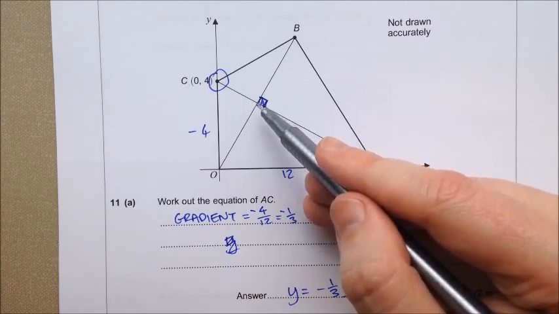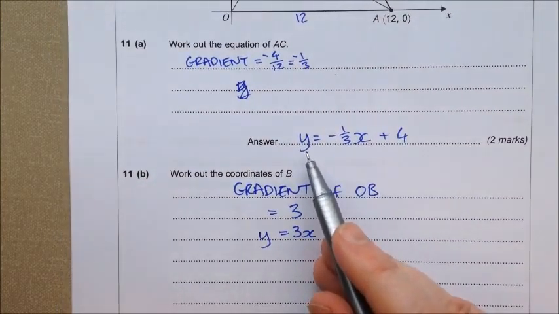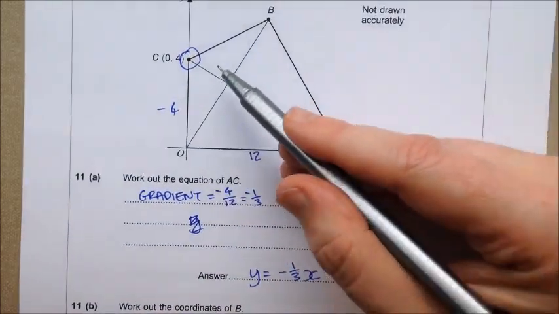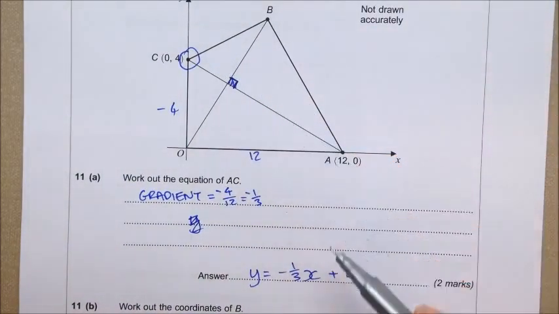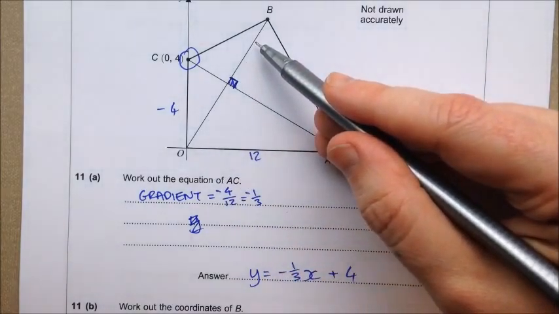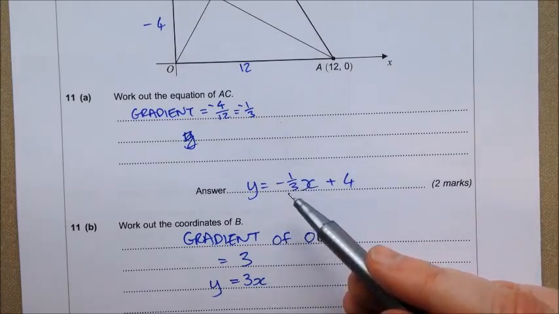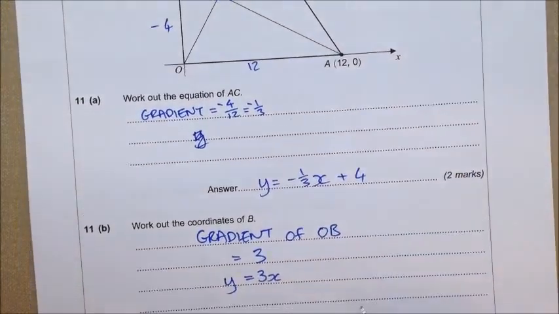So this coordinate will have the same y coordinate, the same x coordinate. We know that for this line here, the equation is y equals negative 1/3 x plus 4, and for this line here, our equation is y equals 3x from here. So that means that if we equate these two lines, then we'll be able to find that coordinate there.